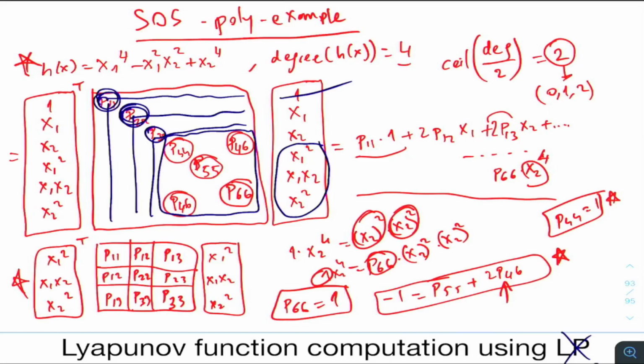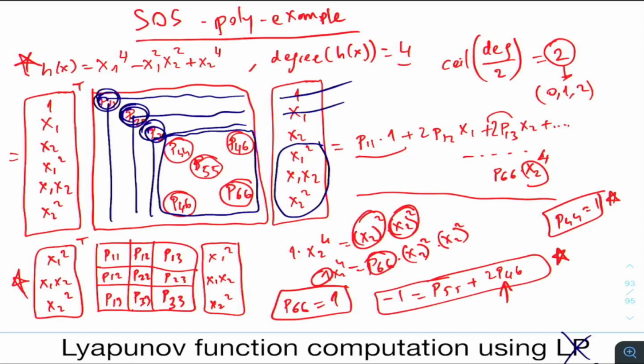And for P22, entry number 2 is the term that we need to get rid of, and entry number 2 here is x1, right? And again P33. I'm explaining in detail just to get the point across.